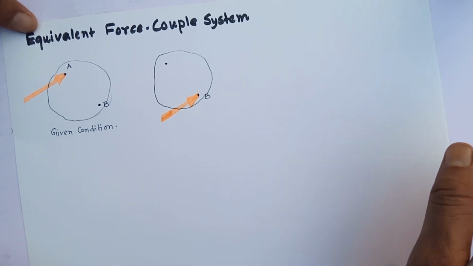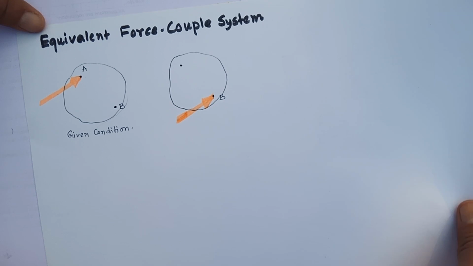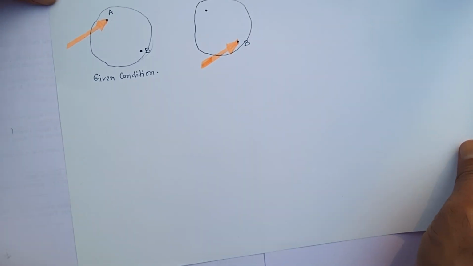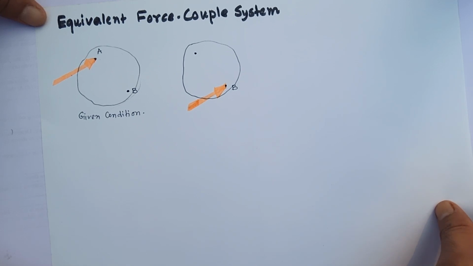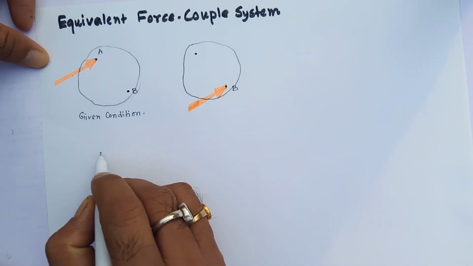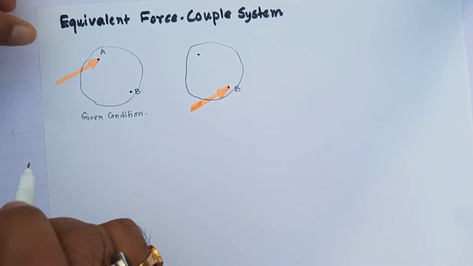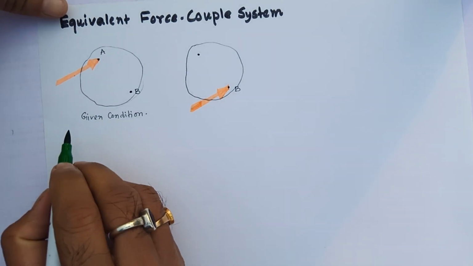Okay, so first we will draw this. We start from the given condition. So how to do it? So we will see how to do it.